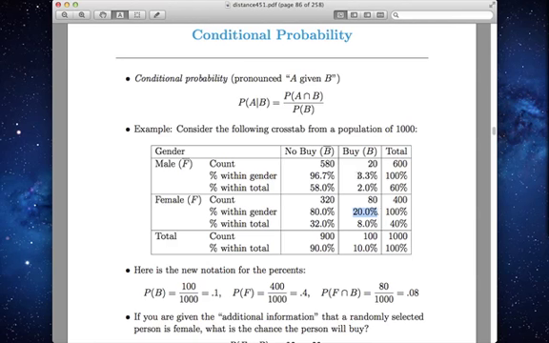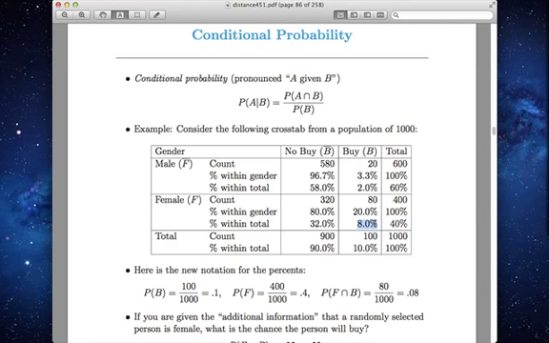Likewise, we could say 3.3% of males are buyers. So that's a review of crosstabs, and just note the important difference between these two numbers. This is 20% of females are buyers. This number is 8% of the entire population is female and a buyer.